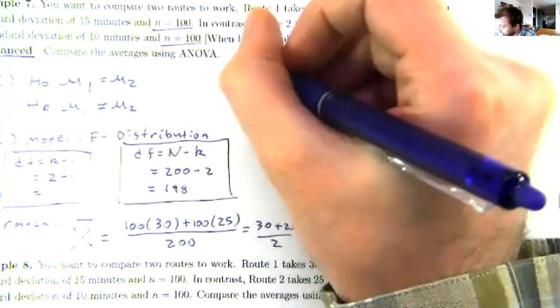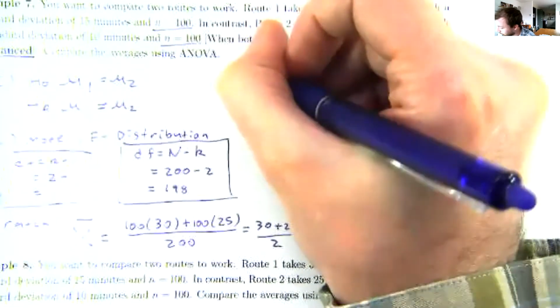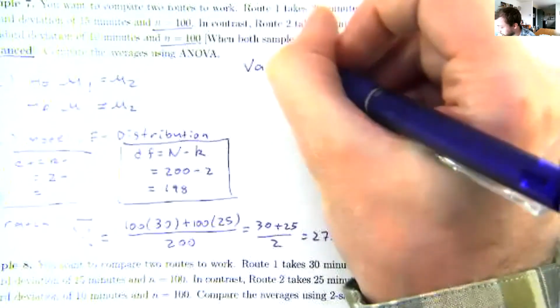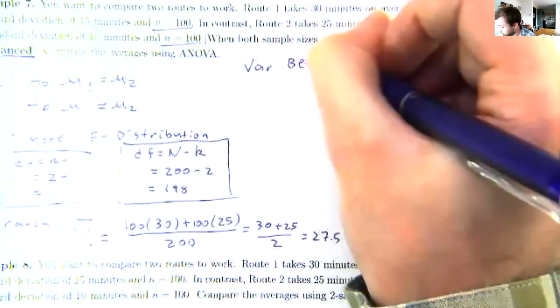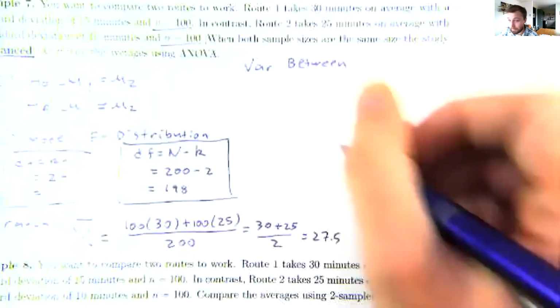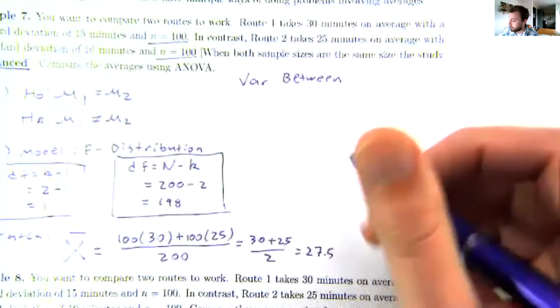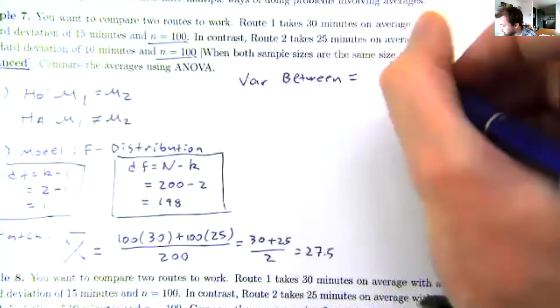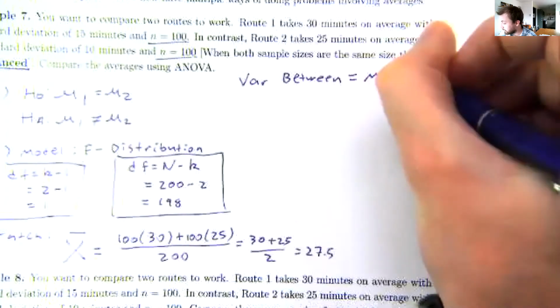I'm going to calculate my variation between groups. The way I'm going to calculate it is this is my MST.